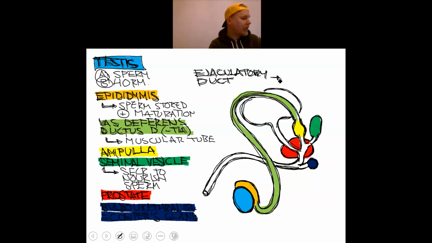And then when it joins with the urinary system, we end up with the later part being the urethra.